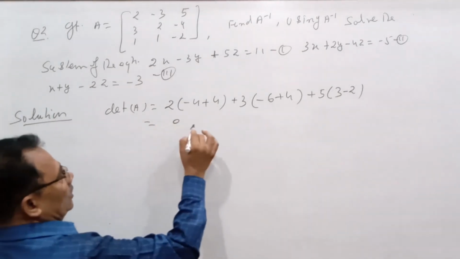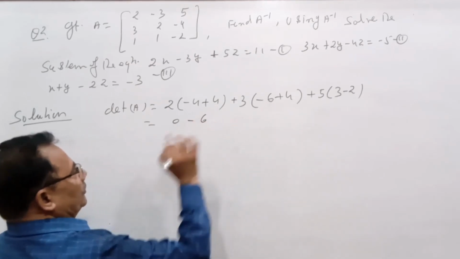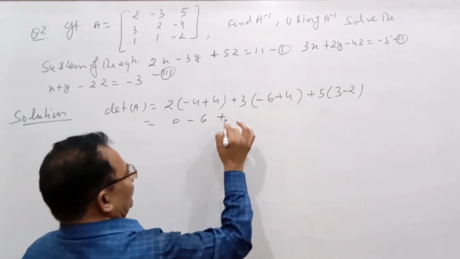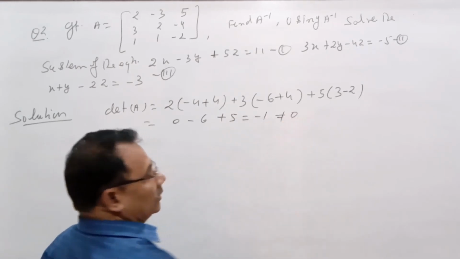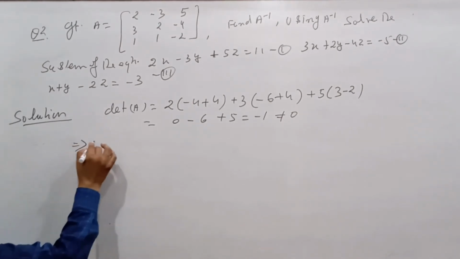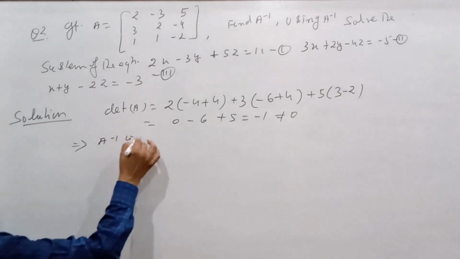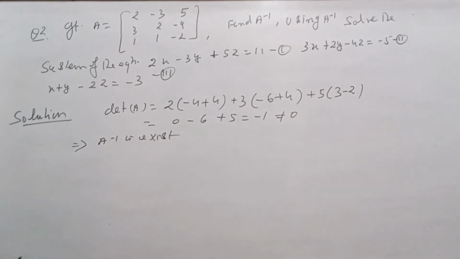0, minus 2, minus 6, plus 5, which is equal to minus 1, not equal to 0. This implies that A inverse exists. We can say here that A inverse will exist.